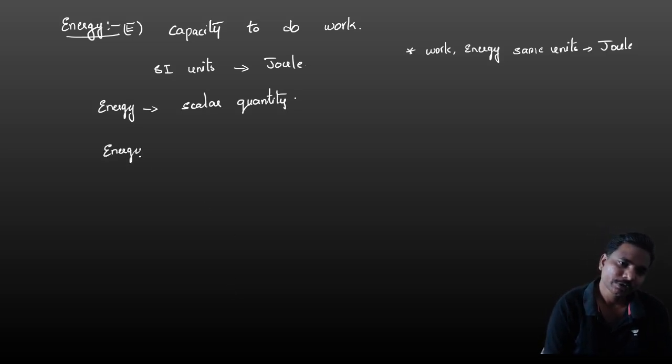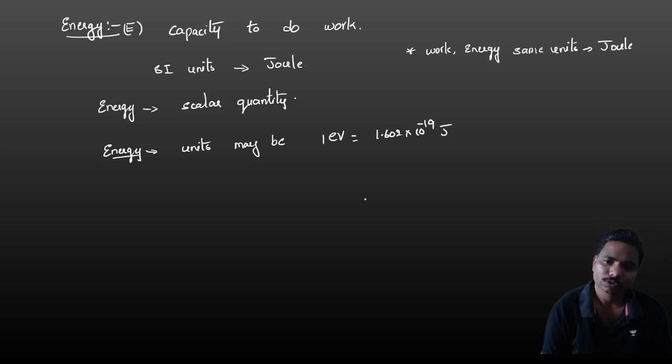We have so many units for energy. The energy units may be the electron volt. 1 electron volt is equal to 1.602 into 10 power minus 19 joules. And 1 joule is equal to 10 power 7 erg.